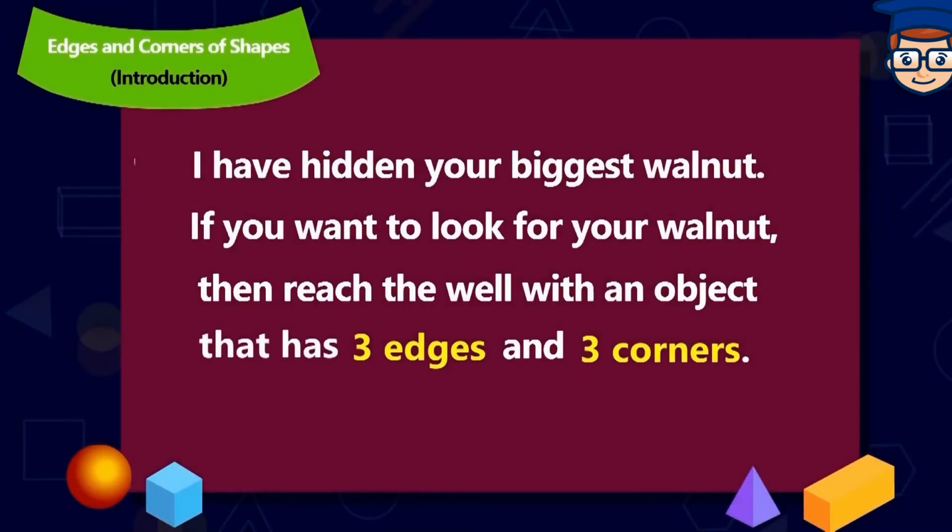Chanda read the letter. I have hidden your biggest walnut. If you want to find your walnut, then reach the well with any object with 3 edges and 3 corners.